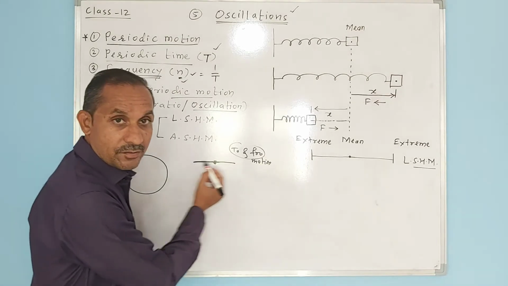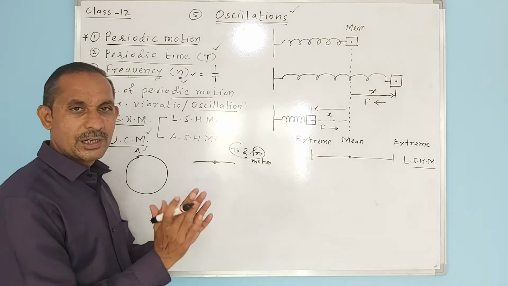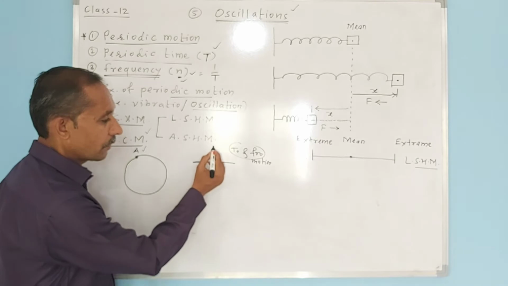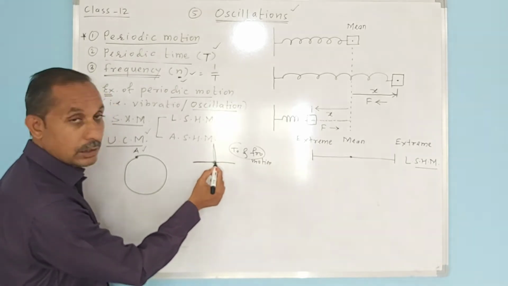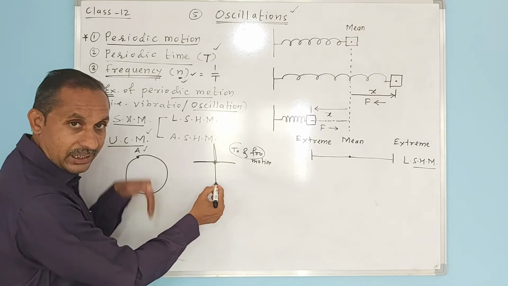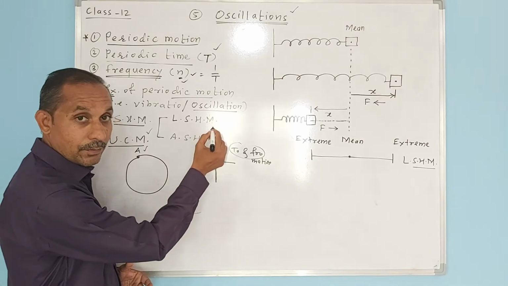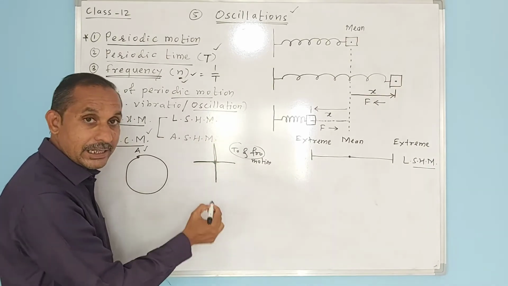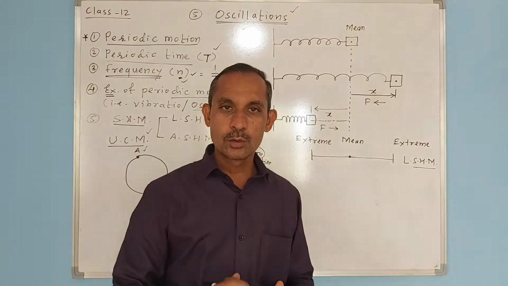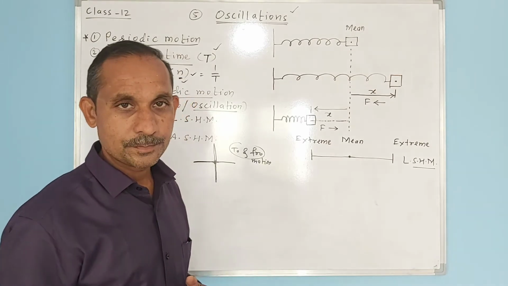Again, this is the motion happening along the horizontal line. Let's see a similar example along the vertical line. This body moves upward, then comes back to the original position, then moves vertically downward, and again comes back to the original position. This is up and down motion, repeated. Such repeated up and down motion is also known as oscillatory motion or vibratory motion.